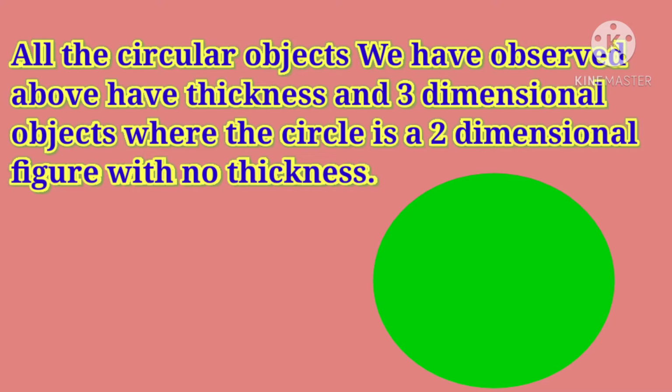All the circular objects we have observed above have thickness and are three-dimensional objects, whereas a circle is a two-dimensional figure with no thickness.